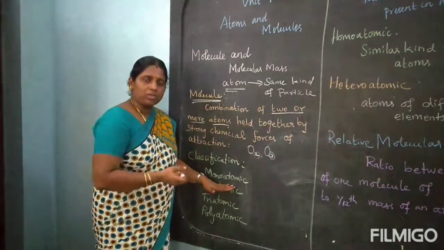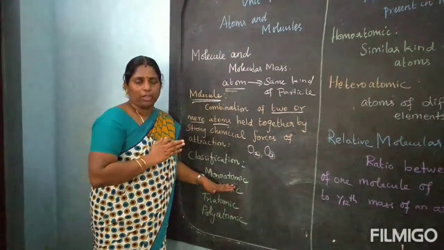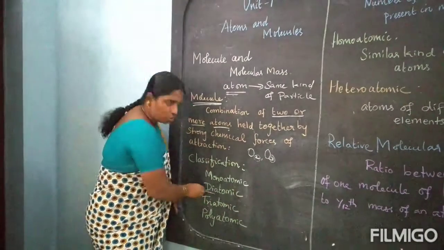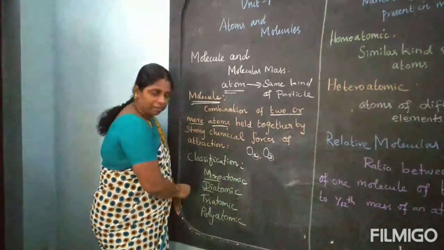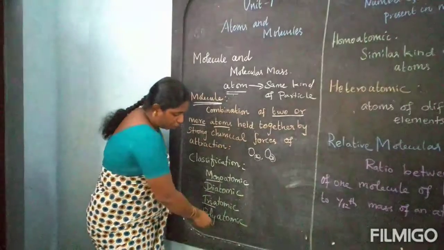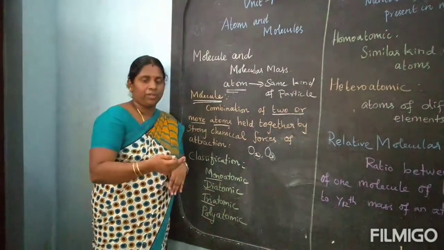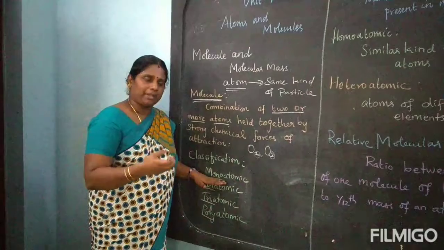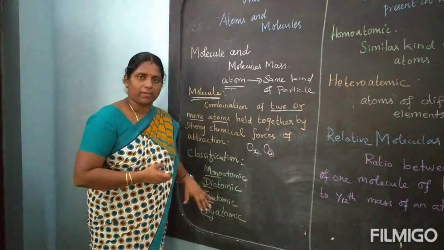Mono means only one. Diatomic means di, 2. Tri, 3. Poly means more than 3. So only one atom present in an element is monoatomic.